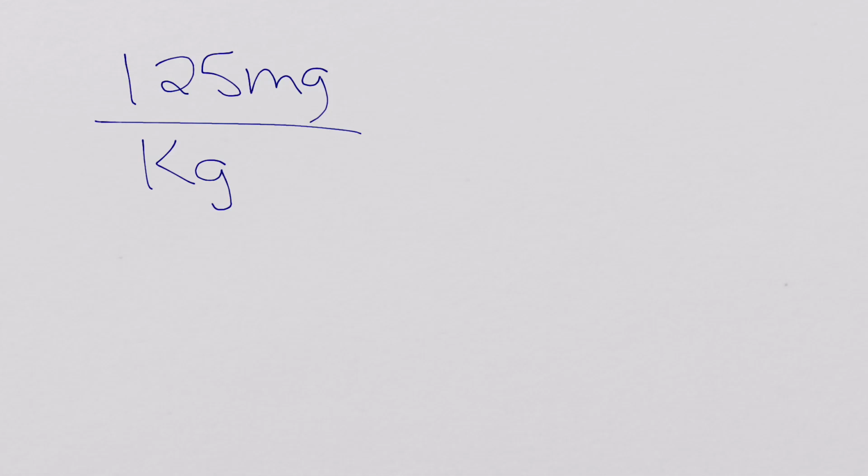Number 2, a post-surgical patient is to receive 125 milligrams per kilogram per day of cephalosporin divided into 6 doses daily. What will each dose be for a patient weighing 87 kilograms, I'm sorry?